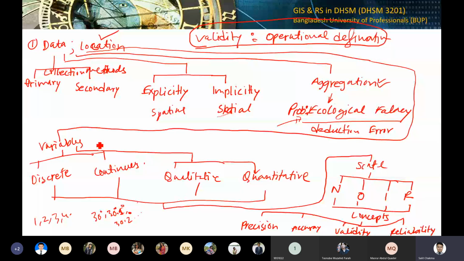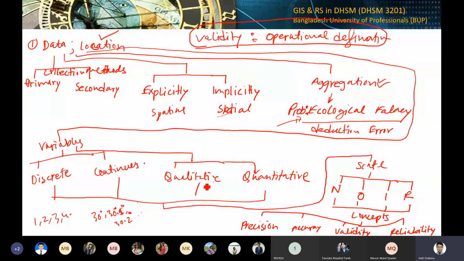On the other hand, based on the information that the data contains, whether they are countable or uncountable, we can identify our variables that we use in our study into qualitative and quantitative.